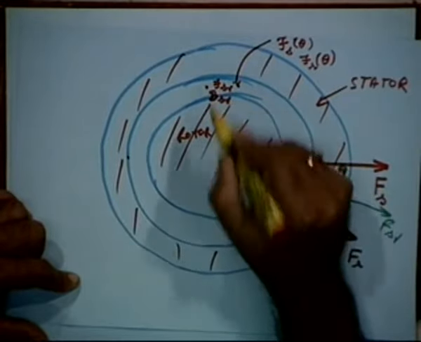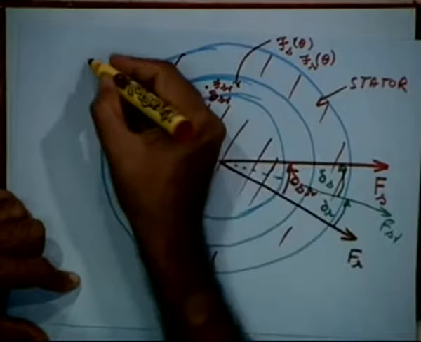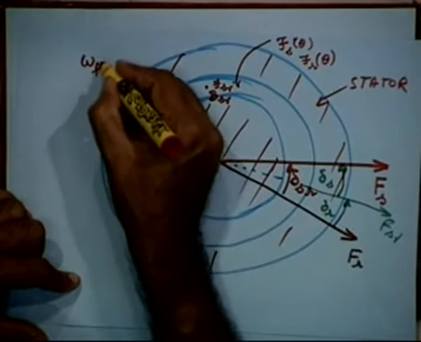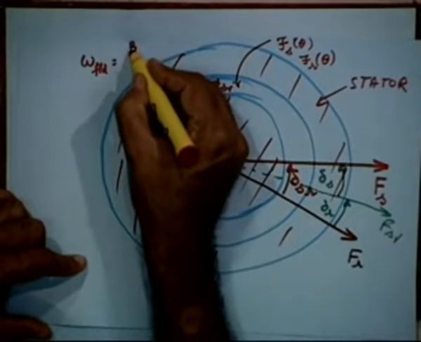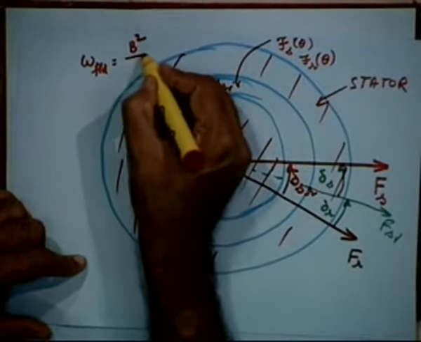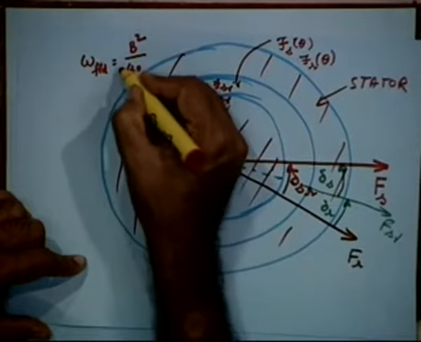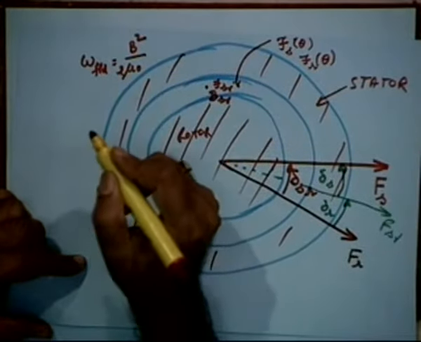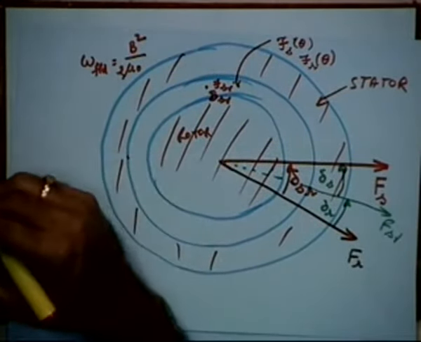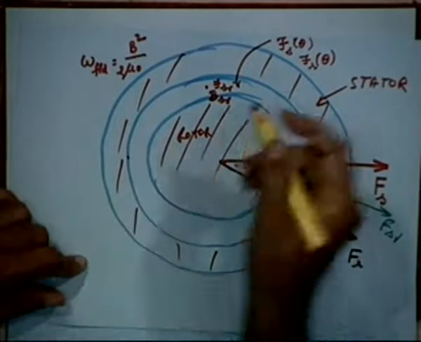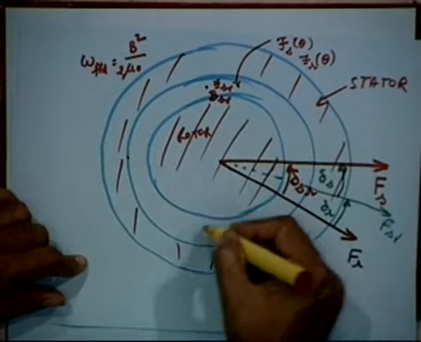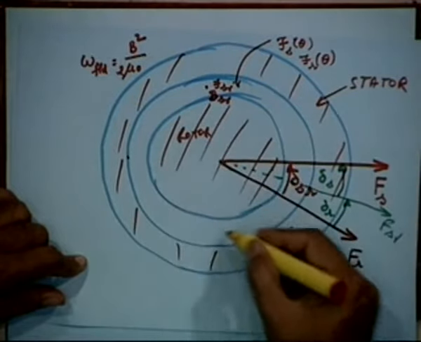we know that at that point there is an energy density, W field, which is B squared divided by twice mu naught. That is the energy density, or the magnetic energy per unit volume at that point. Okay, and that energy density goes on changing in the air gap for different points.